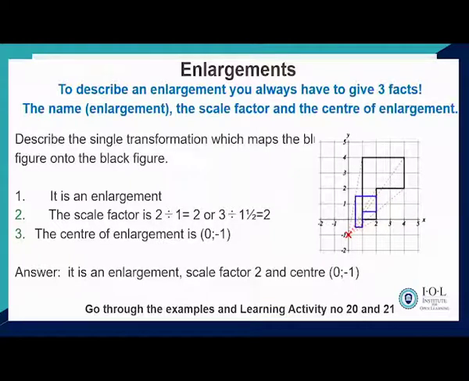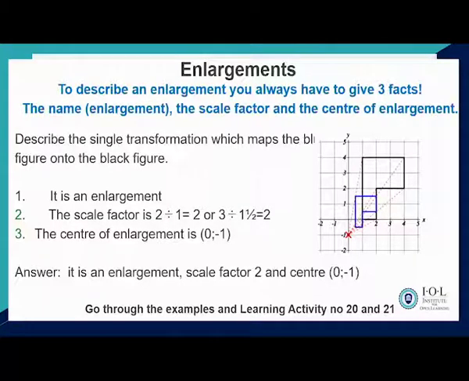So if I say, describe this enlargement, say for instance, I give you exactly the picture you see in front of you, you must say, what is it? Is it a rotation or a reflection? No, it's an enlargement. You must say the scale factor. How did you get that?